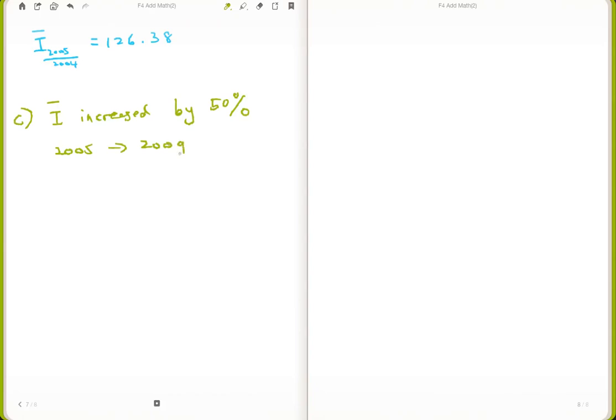Okay, from 2005 to 2009, the price index has increased by 50%.